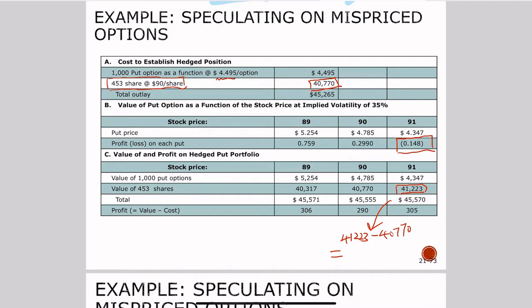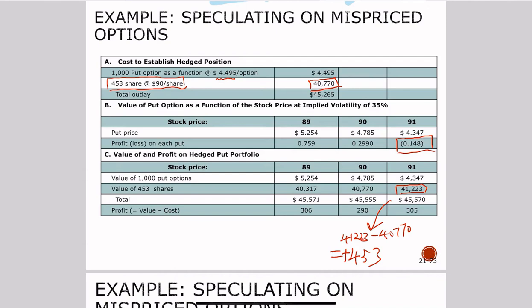So we have 41223 minus 40770. So the equity position, you have $453, right? So this is a gain. This is a positive number. What about your put position?